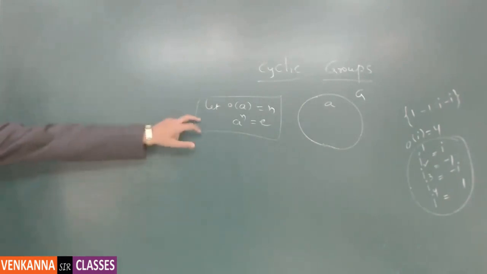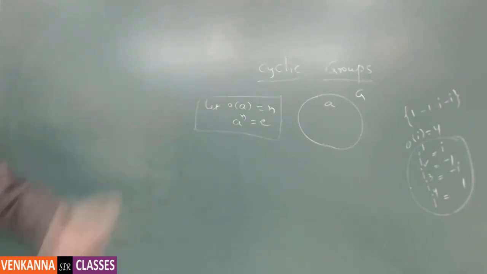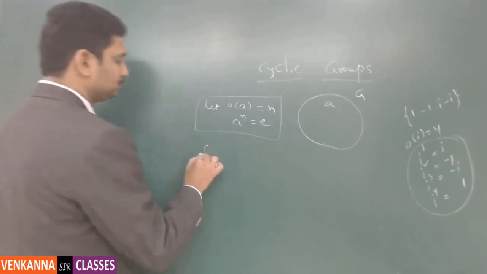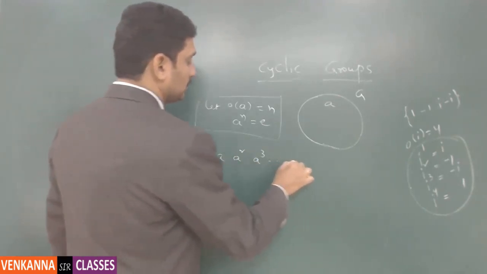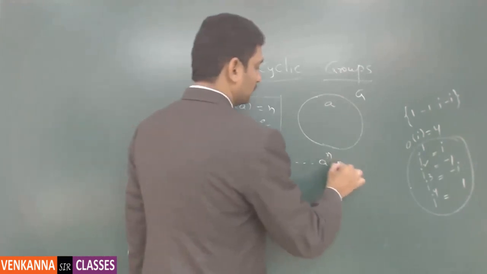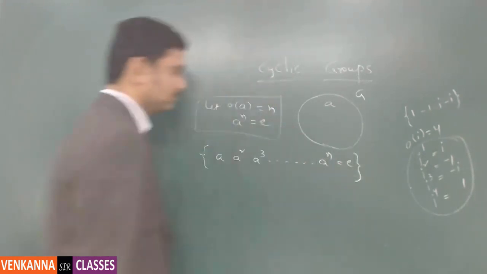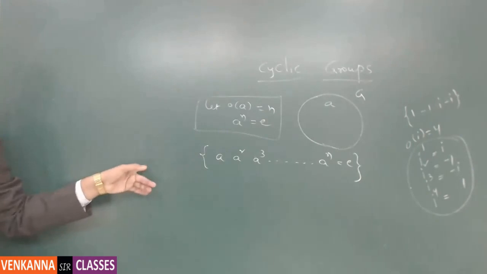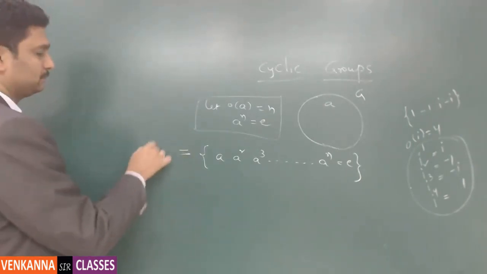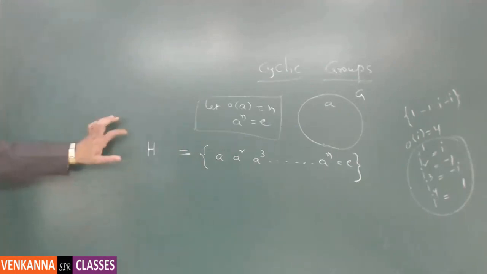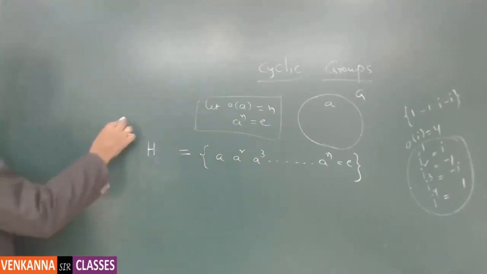Similarly, here also, if you consider the values up to that power, all these values, if you consider this into a set, this is called a cyclic group.